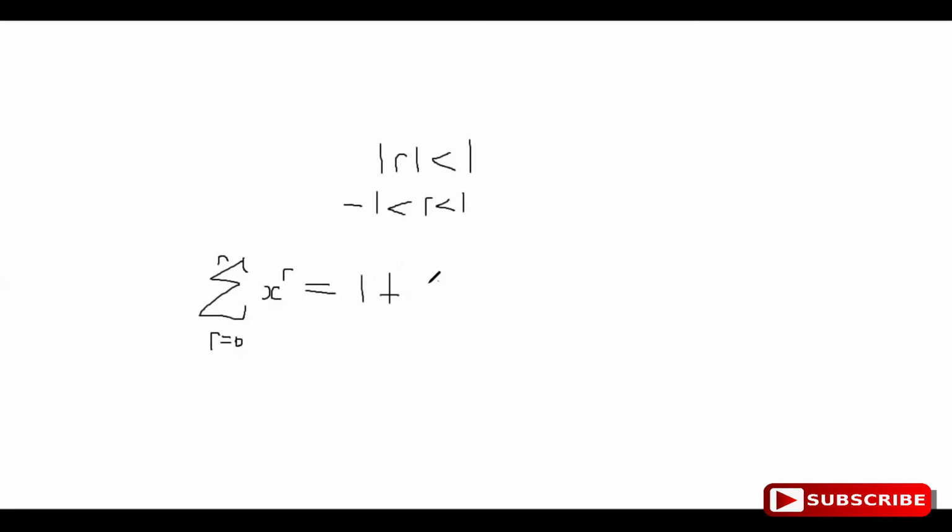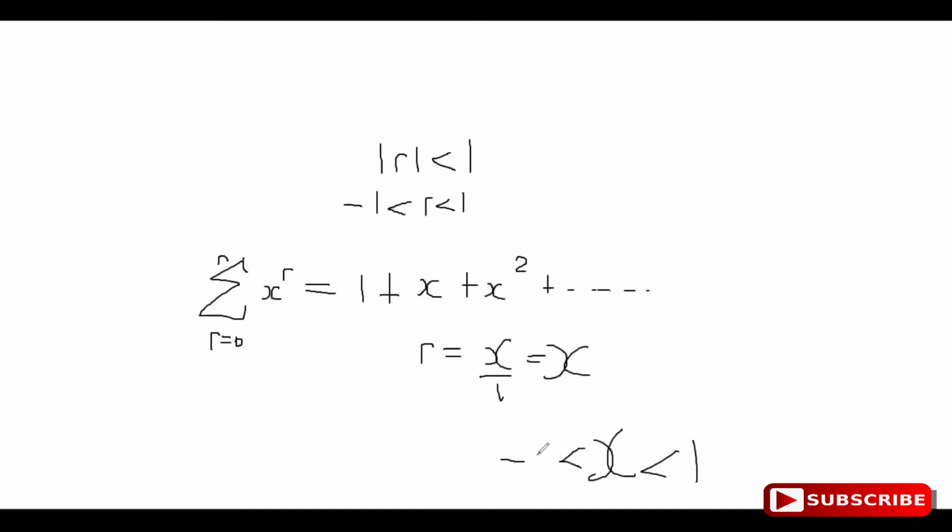When R is 1, you get x. When R is 2, you get x squared, and you continue. The common ratio is T2 divided by T1, which is x over 1, which is x. Therefore, x has to be between 1 and -1 in order for it to converge.